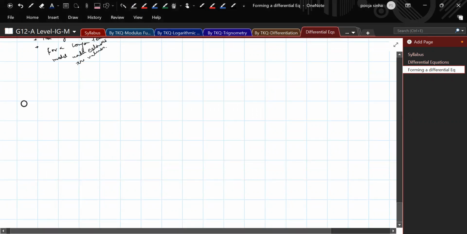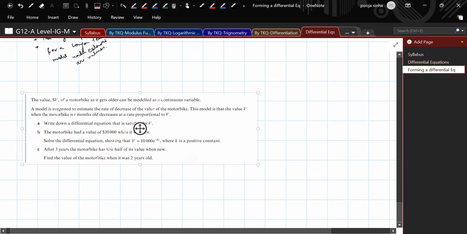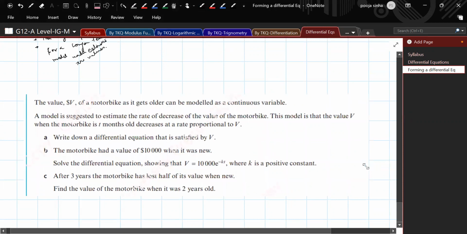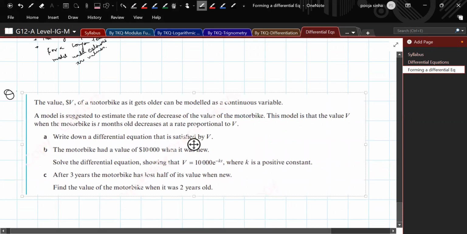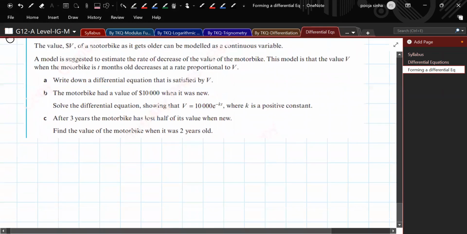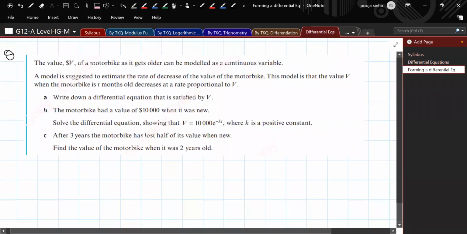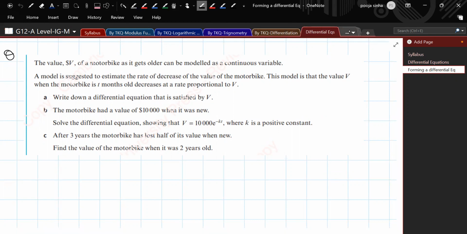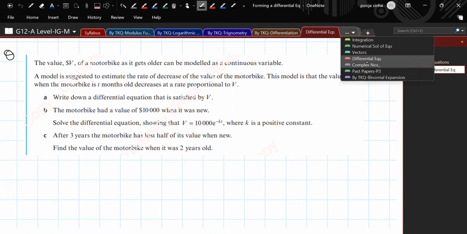Did you understand what kind of questions are being asked now? Yeah. So next, we'll spend one more class on this because I want to do some paper questions. I want to practice. Then we will start with a new chapter. I will send you the complete notes. After this, I will start complex numbers.